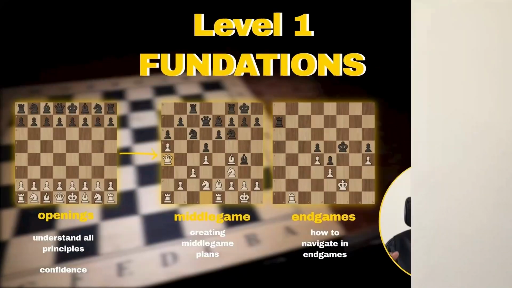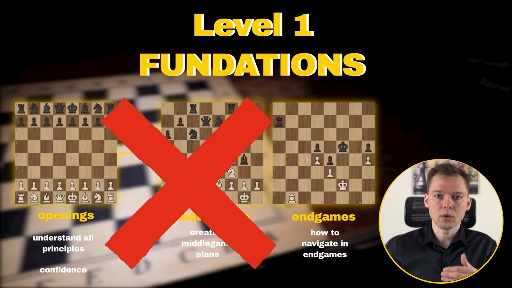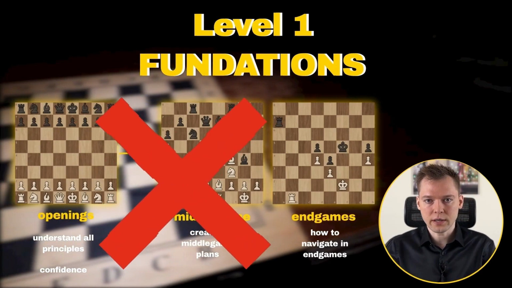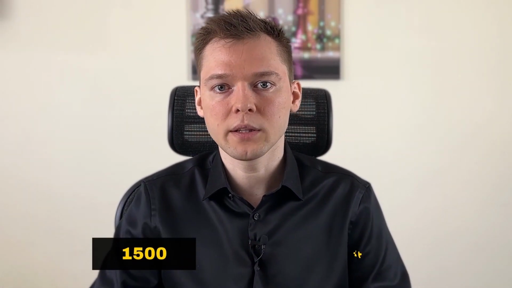So the common mistake is that people skip level 1 and jump into advanced strategies, which is studying opening theory. So like you can see, it's not that the rating tells us when we should learn theory, because for some players it might be 1500, for another one it might be 1800.